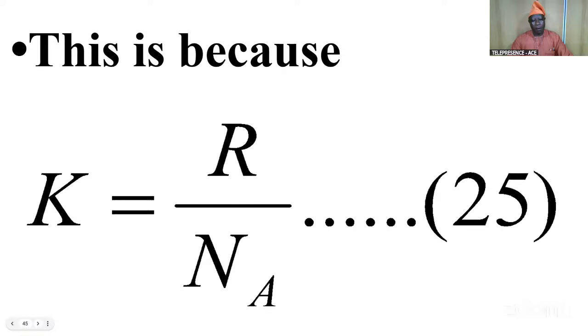So take note of that. This is because K is equal to R over NA. Your NA is the Avogadro number, which is also a constant value that will be given. That's what is expressed in equation 25.